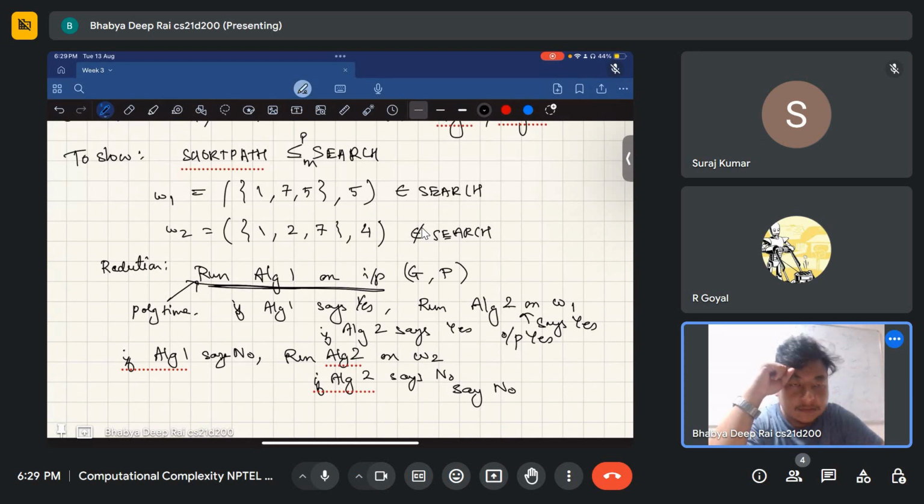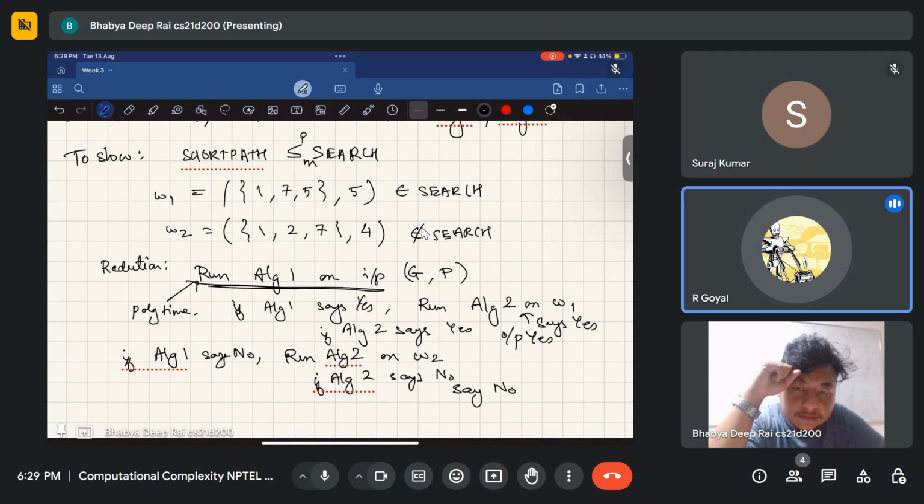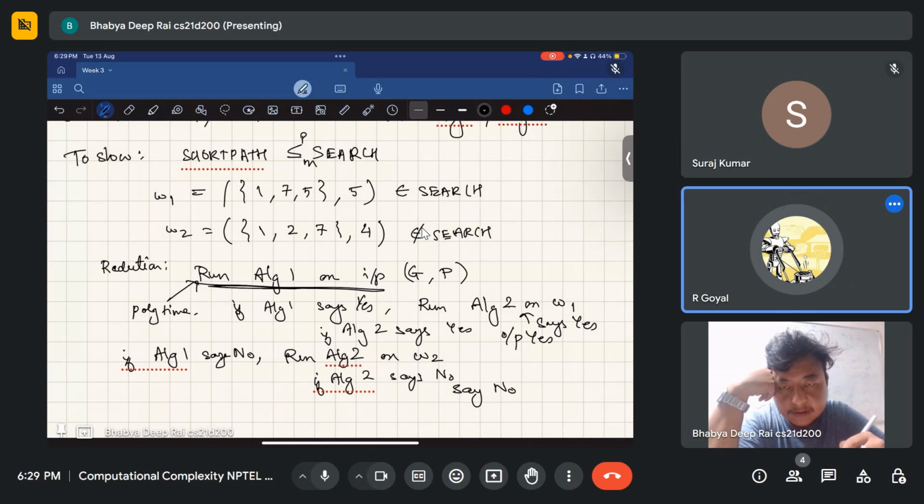I have a related issue here. Since we are carrying out a reduction, the machine which is carrying out the reduction should be less powerful than the machine which is actually solving the problem.